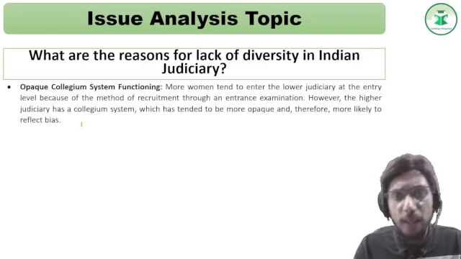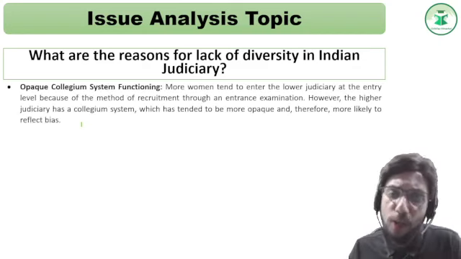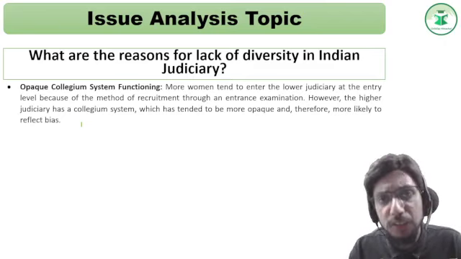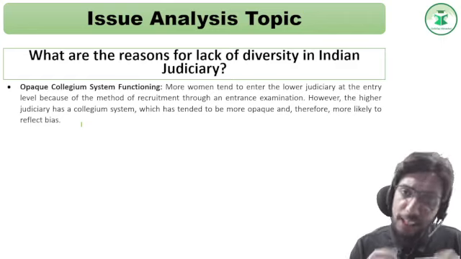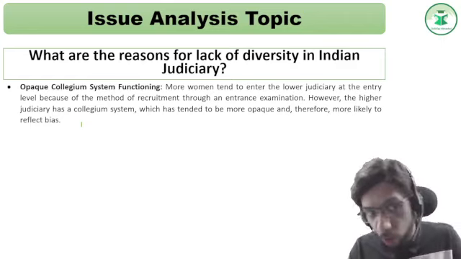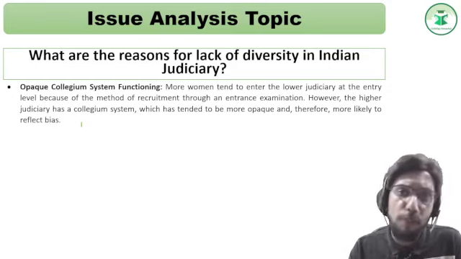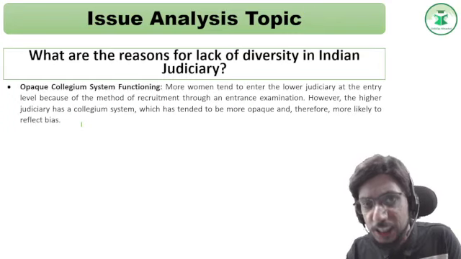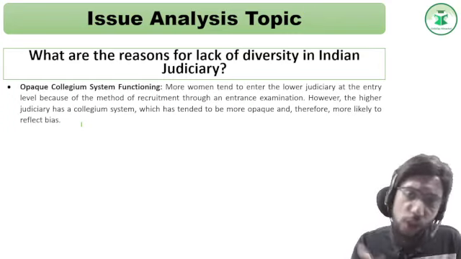So, point number 1 is that the entire system of selecting and appointing judges through this collegium system is quite opaque, right? We do not have any particular rationale or any particular objective reasoning coming out from the collegium system as to why we have such less number of women judges or Adivasi judges or Dalit judges or judges from religious minorities in the higher courts or in the subordinate courts.